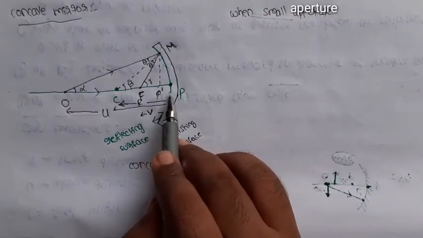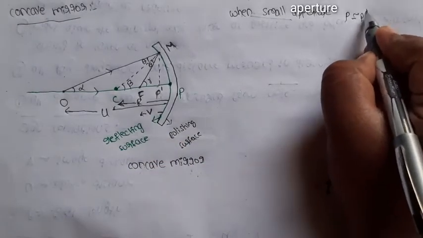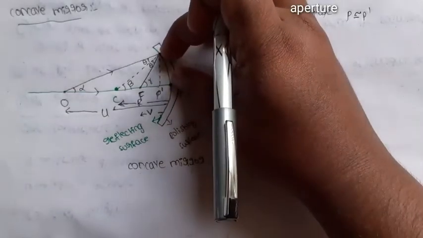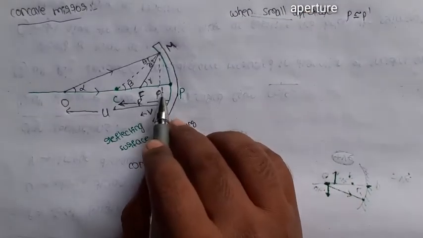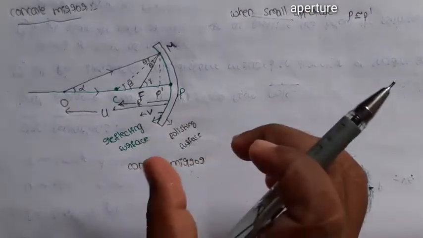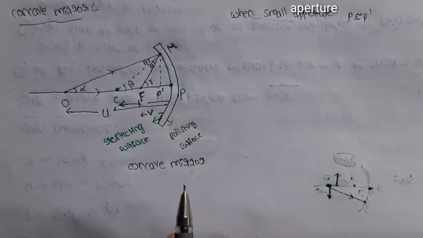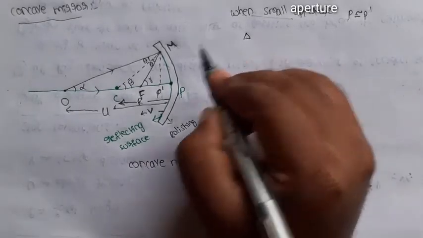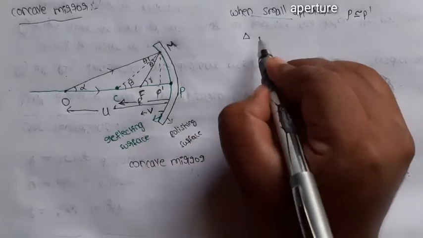In that situation, P and P dash are similar. So this is the aperture. If you decrease the aperture distance, P dash and P come close to each other. They have equal values.